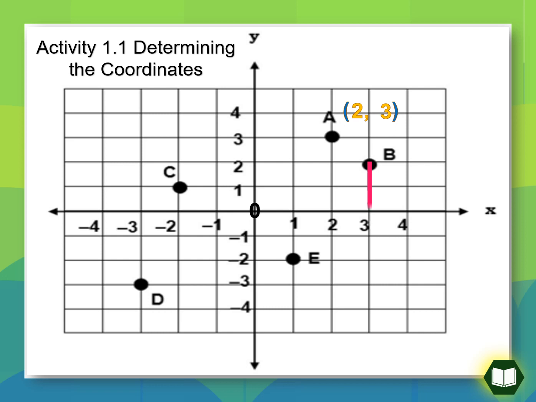Point B has (3, 2) as its coordinates. Point C has (-2, 1) as its coordinates. Point D has (-3, -3) as its coordinates. Point E has (1, -2) as its coordinates.